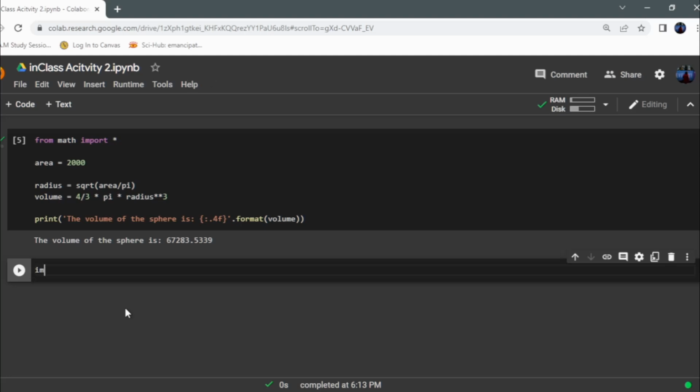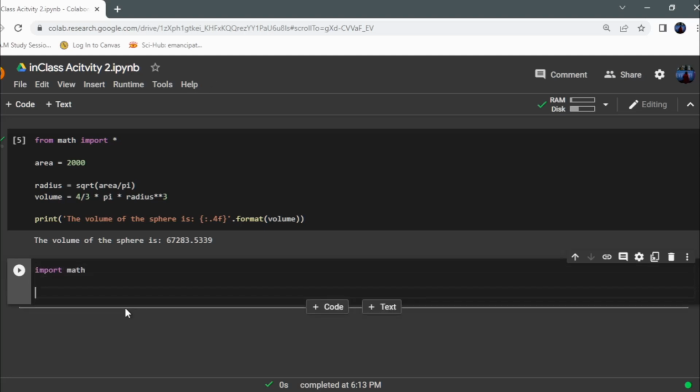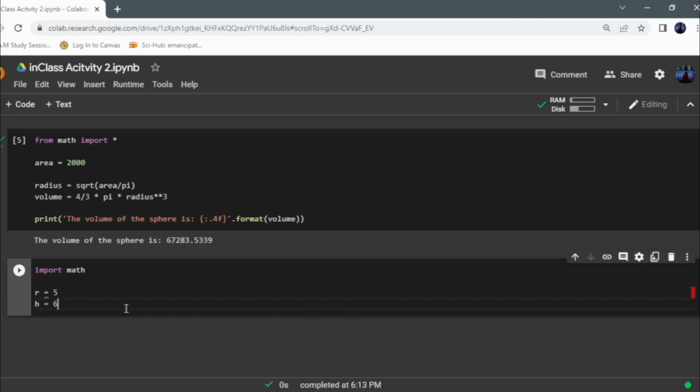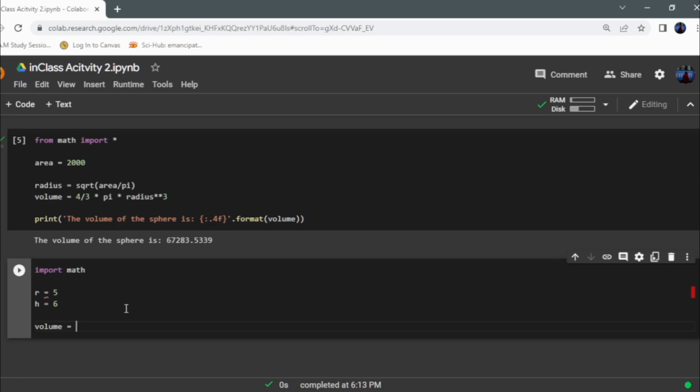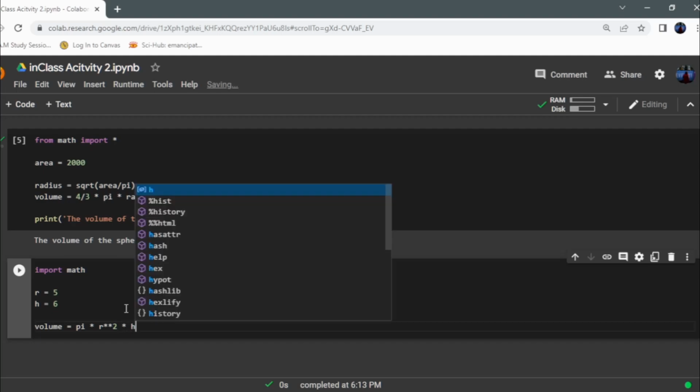So it's just a simple import math. Our radius is r equals 5, height is equal to 6, and our volume is equal to pi times r raised to 2 times h divided by 3.